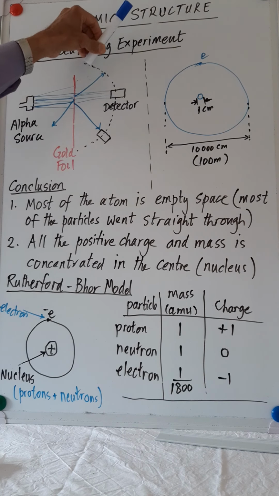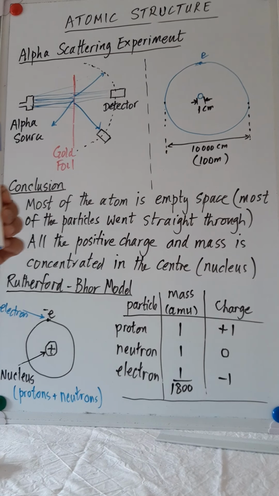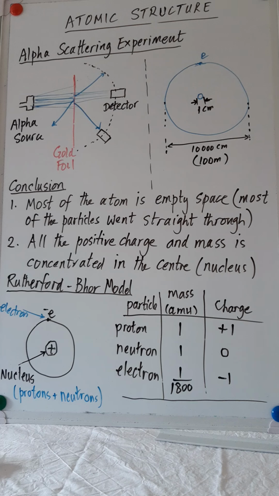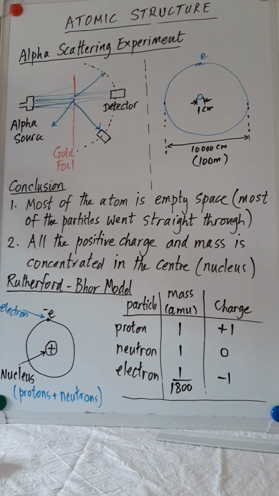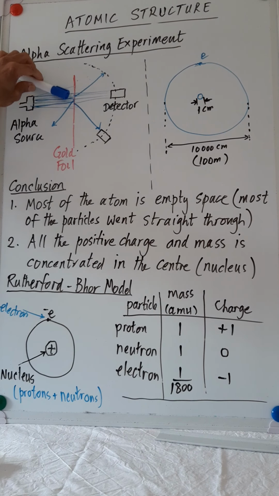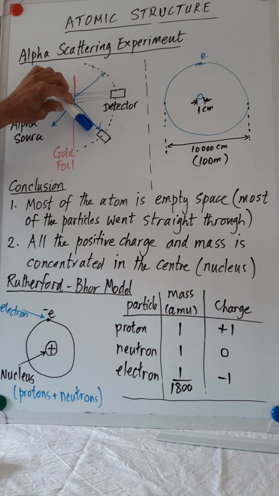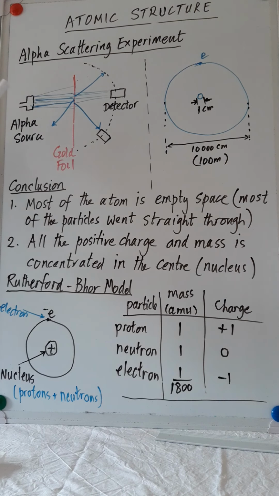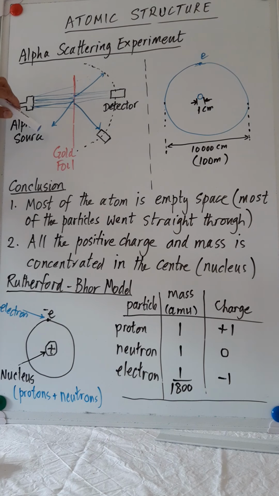Okay, so we can get the particles which are scattered in different directions. Now, they found that most of the particles go straight through. Some are deflected at small angles. Others are deflected at larger angle, like this, and they're detected here. And some were even detected on the other side. They reflected back from the gold atoms.